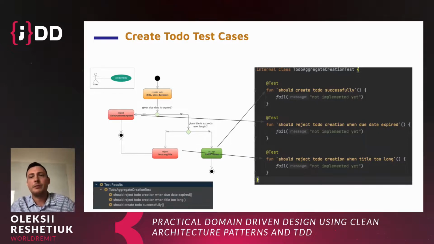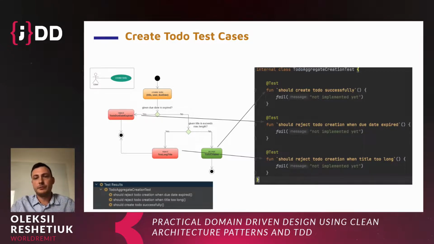And now I propose to write just empty test scenarios, first based on every check from our business requirements. For example, should create to do successfully, should reject to do creation when due date is expired, should reject to do creation when the title is too long. And I think it would be enough.